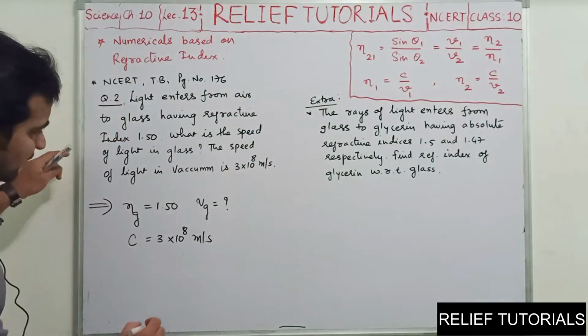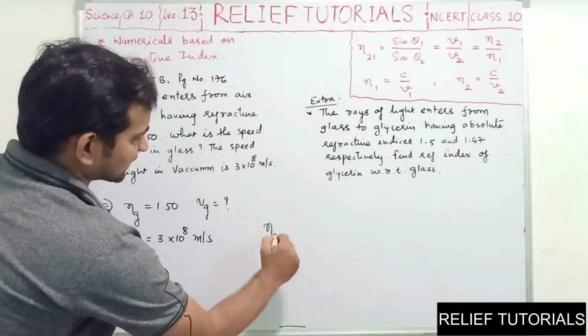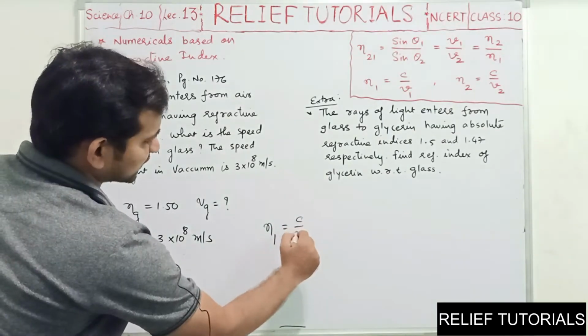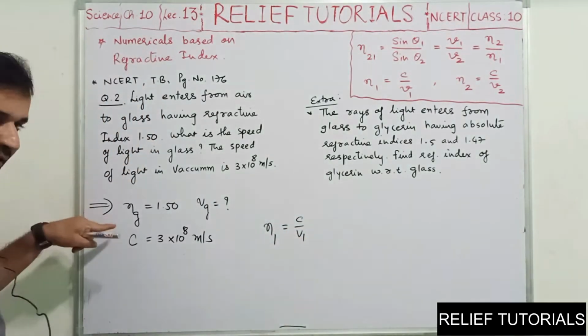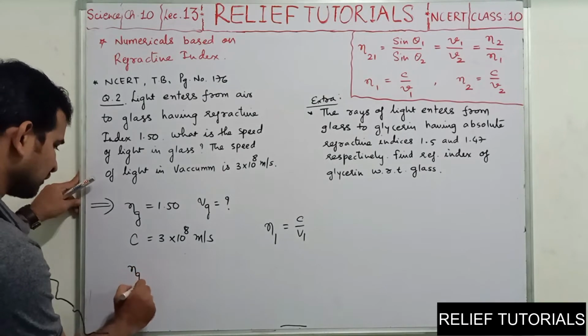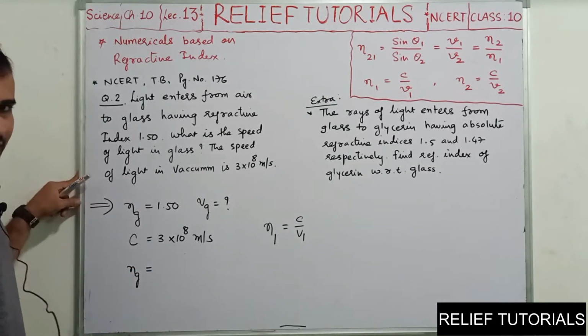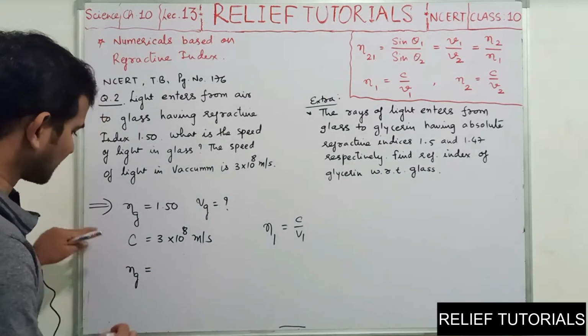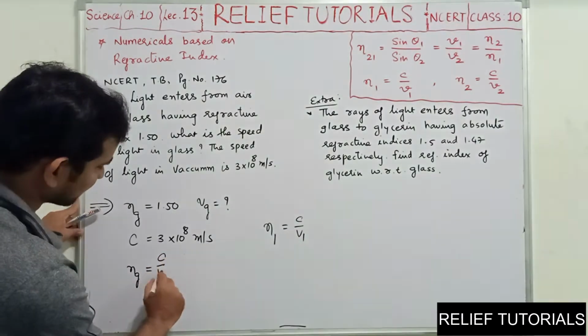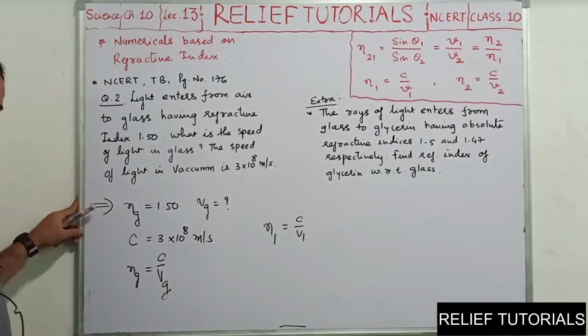Eta 1 is equal to c by v1. Here we can write eta of g, the absolute refractive index of glass, is equal to c by vg.